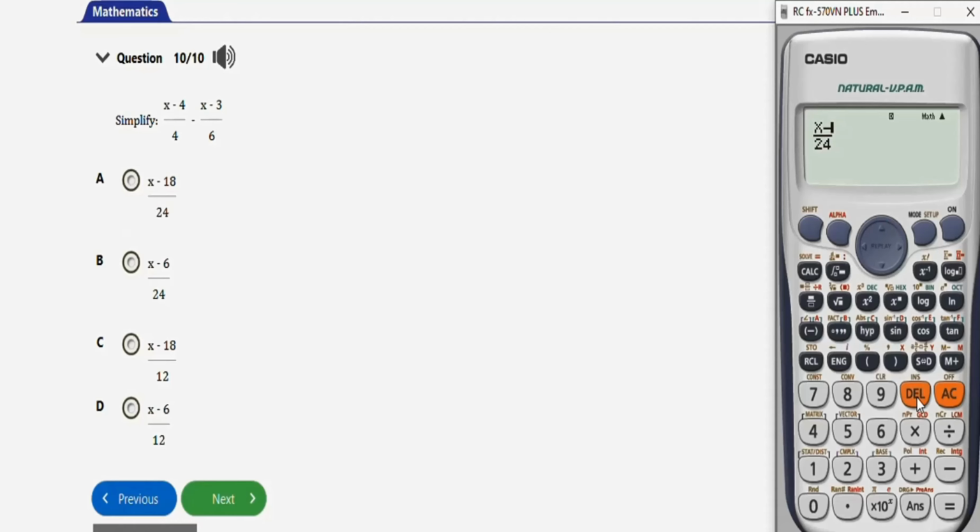So remove this and put 18. Come down and put 12 here. Alright. No? So it has to be option D. Put 6 here. Exactly, minus 1 over 3. So the right option is option D.